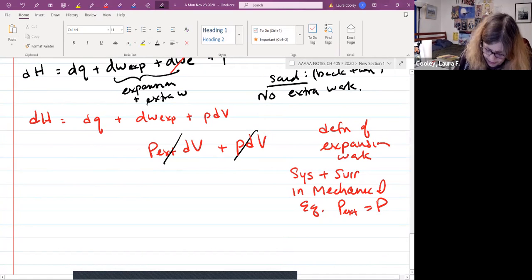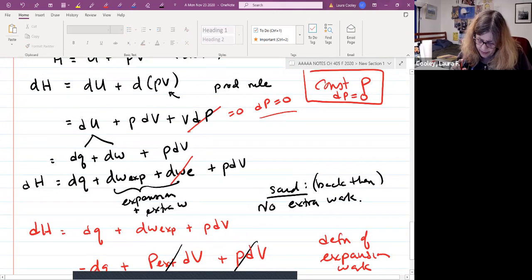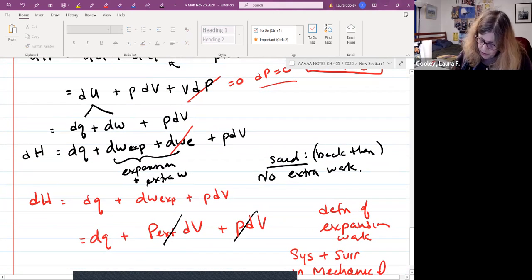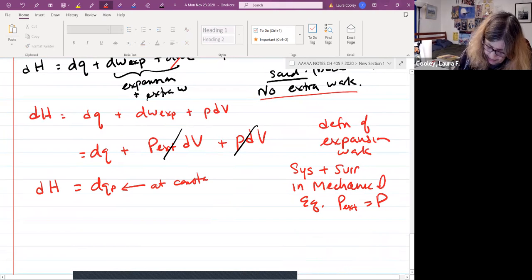Oh no, that's right, I already said no extra work. So that means dH equals dQ, and the P means at constant pressure. So that was the derivation of dH is dQp.